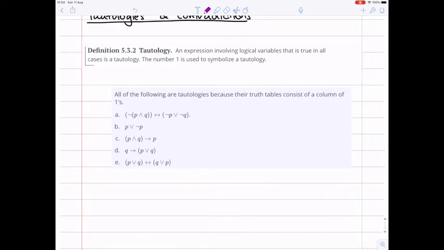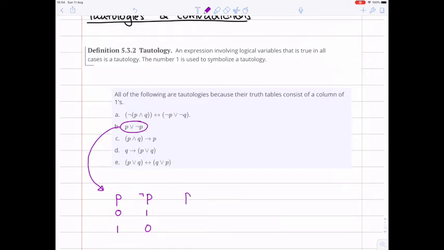So how about this very simple one? So we want to check that this is a tautology. It's saying P or not P. So if we draw up our truth table, well, this only has P's, so we just need a 0 and a 1. And then we need not P, which is going to be 1, 0.